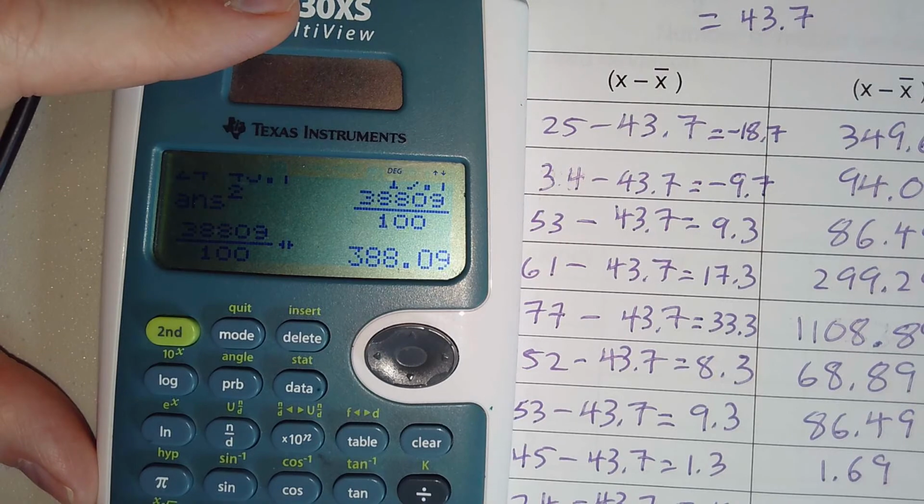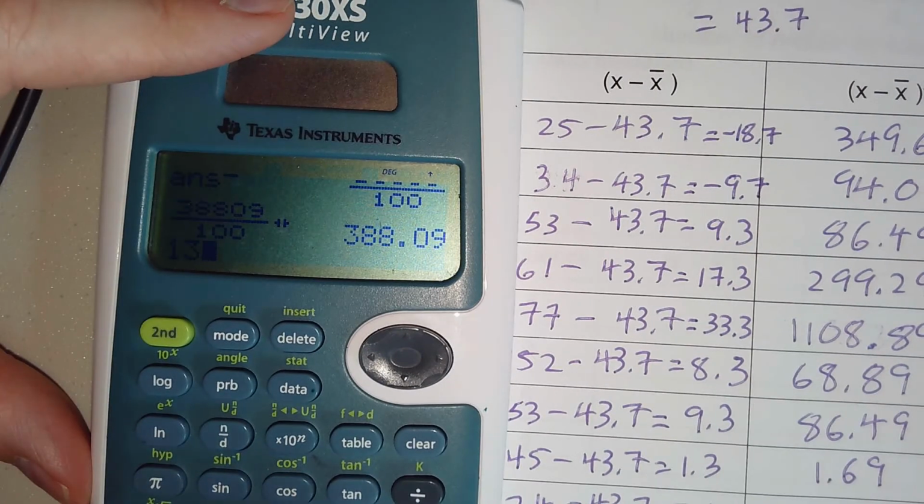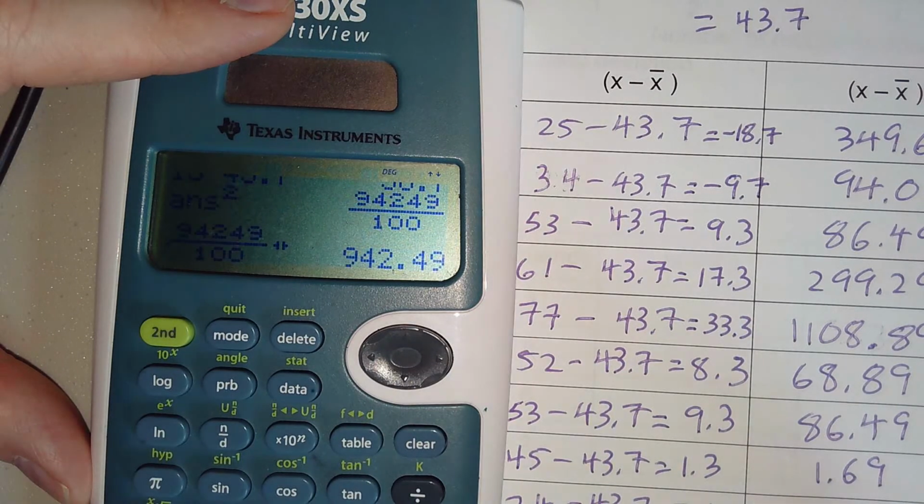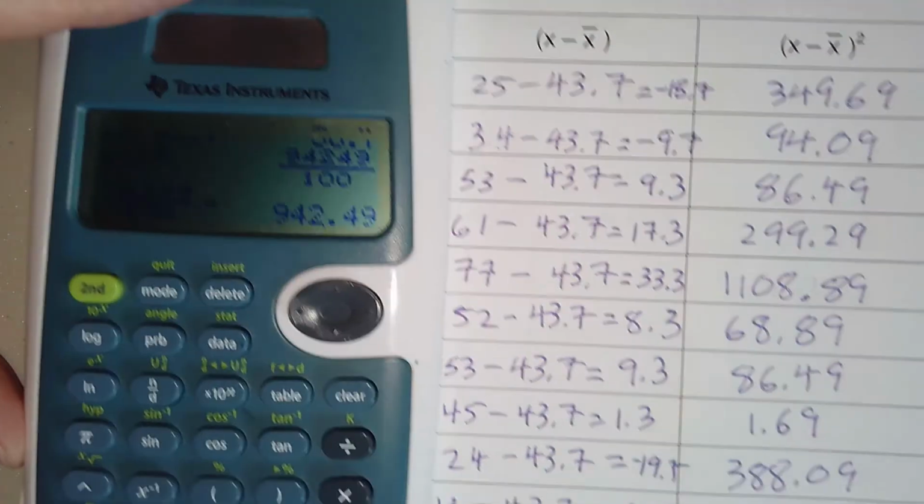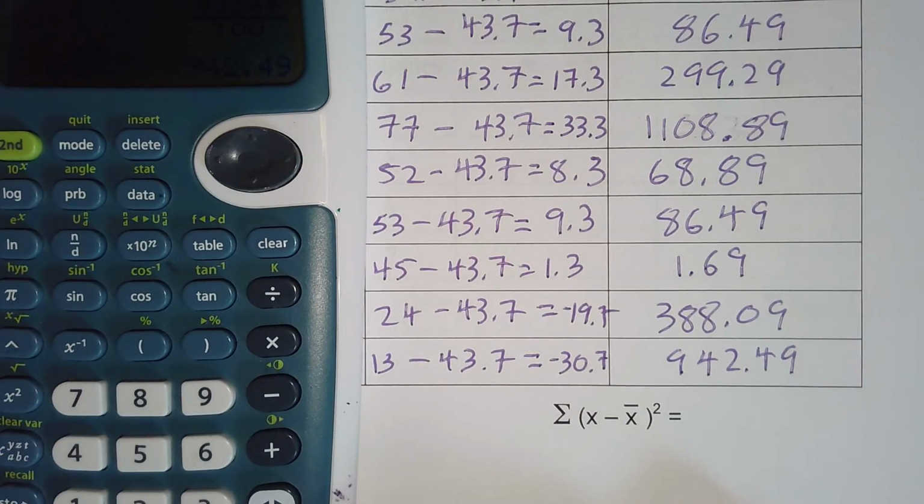And finally, 13 minus 43.7. It's a negative 30.7. We're going to square that. So it's 942.49. Okay, so just kind of filling all those out.